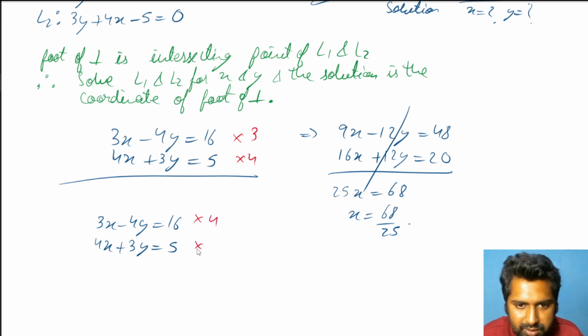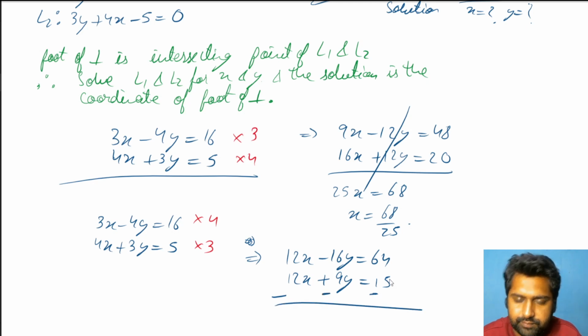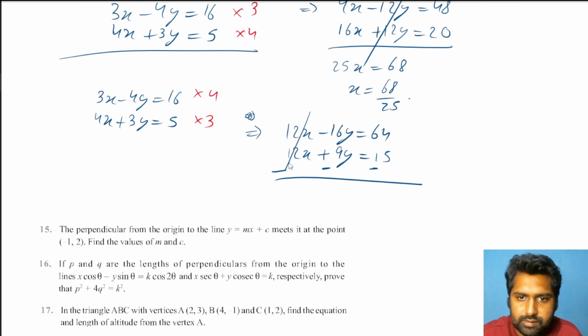This time multiply by 4 and multiply by 3. The new set of equations becomes 12x minus 16y equals 64, and 12x plus 9y equals 15. Subtract, change the sign, negative, negative, negative, and eliminate x.